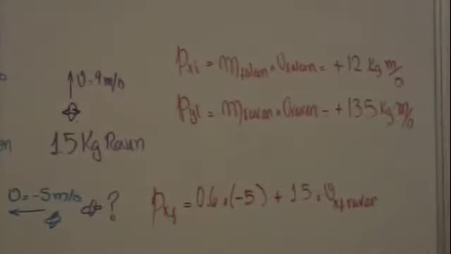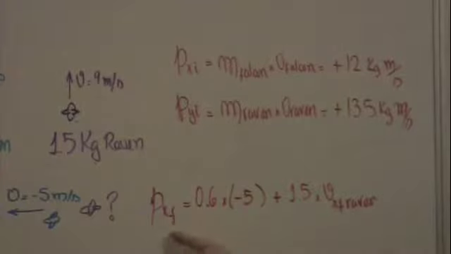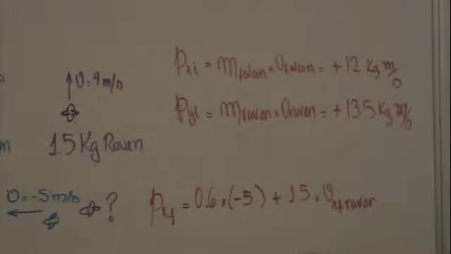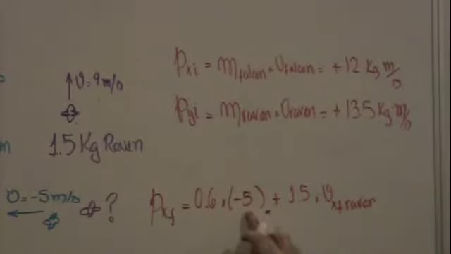Okay. But we know that Pfx equals Pxi. So 0.6 times minus 5 is minus 3.